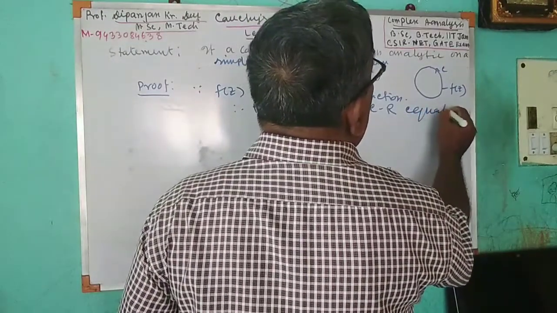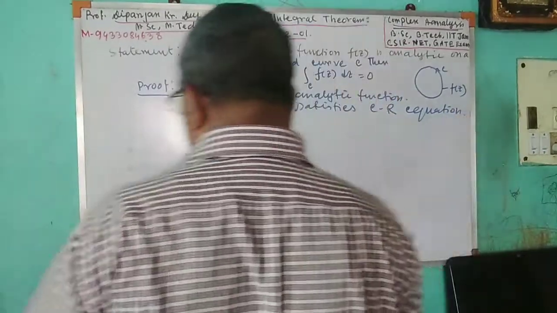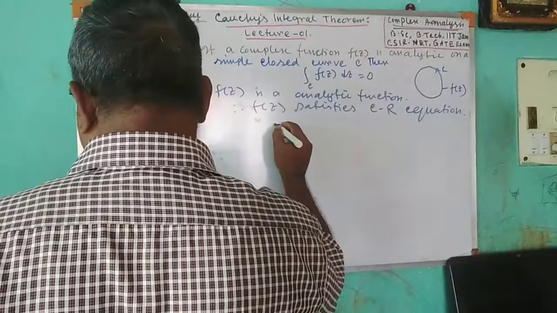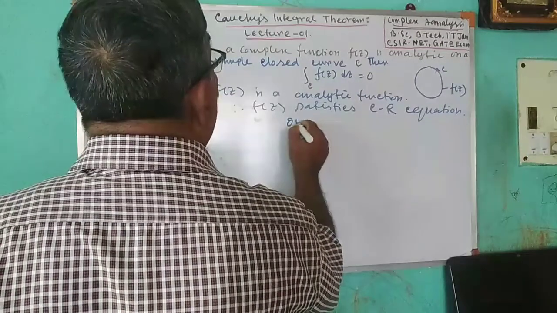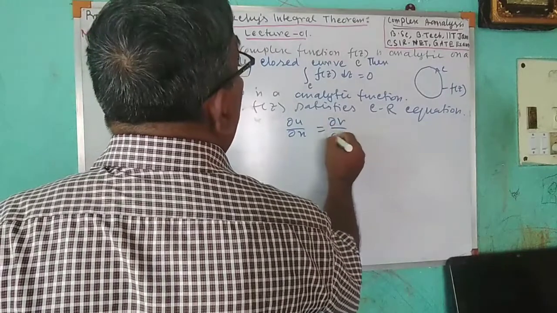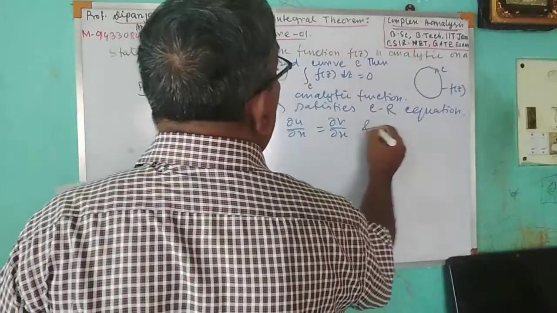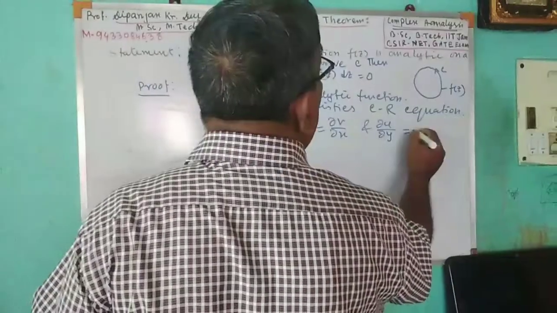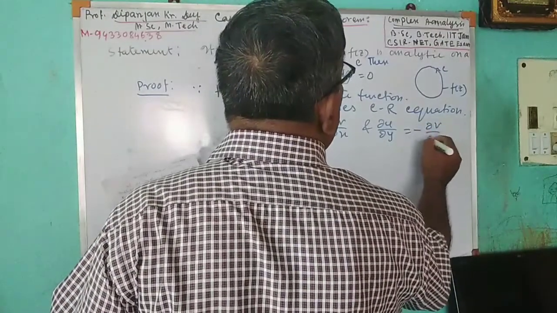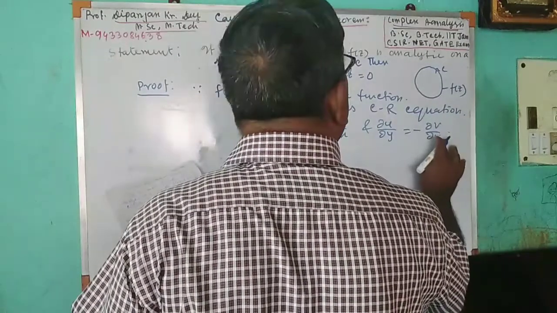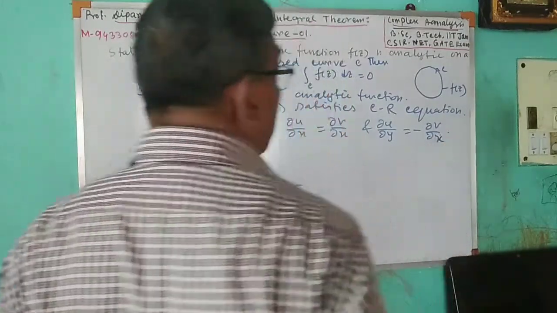What is the CR equation? The CR equation is del u by del x equals del v by del y, and del u by del y equals minus del v by del x.